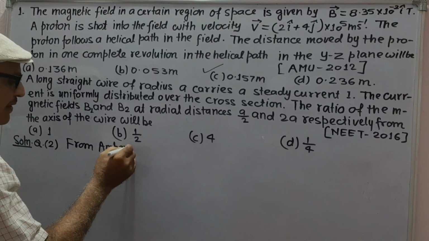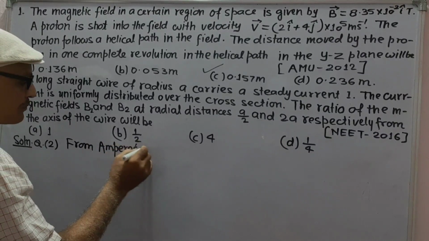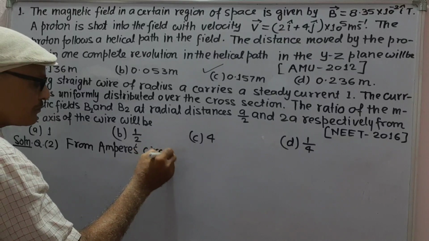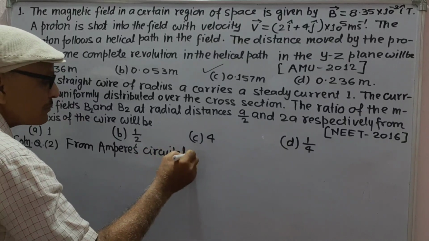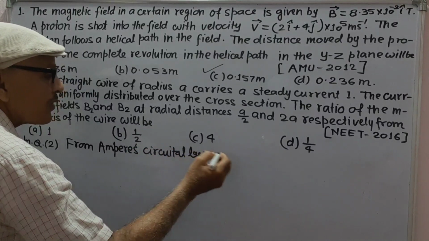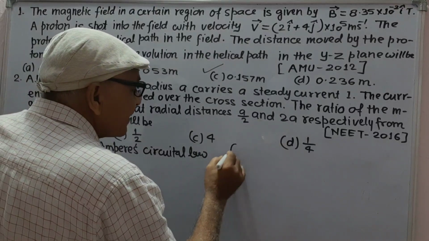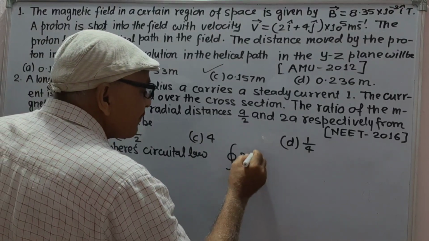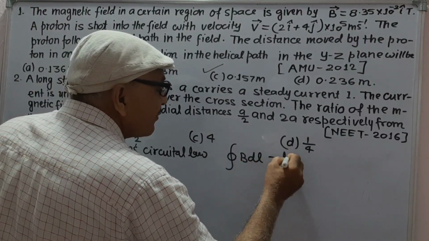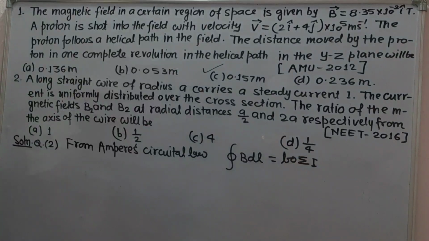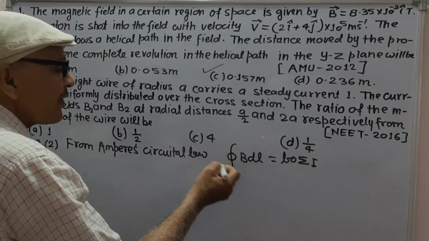From Ampere's circuital law, line integral of B dl is equal to mu naught times total I enclosed by the closed curve.